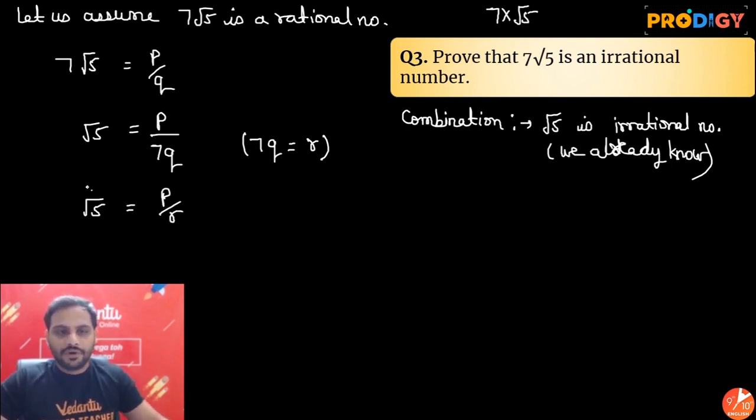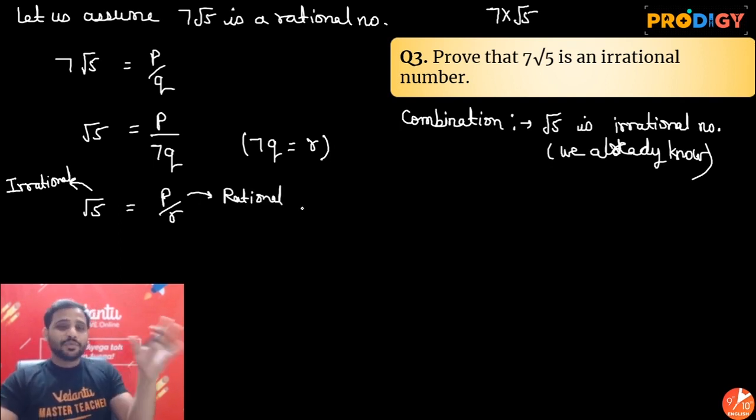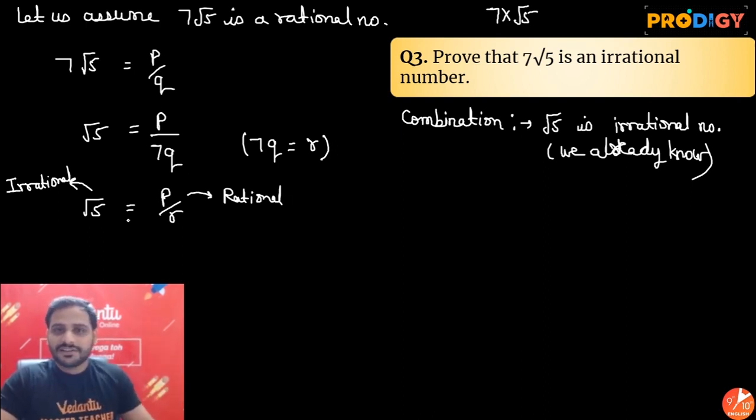Now look, we already know the LHS, root 5, is irrational. And p by r, integer upon integer, is a rational number. So when I say root 5 is equal to p by r, we are saying an irrational number is equal to a rational number, which is not correct.